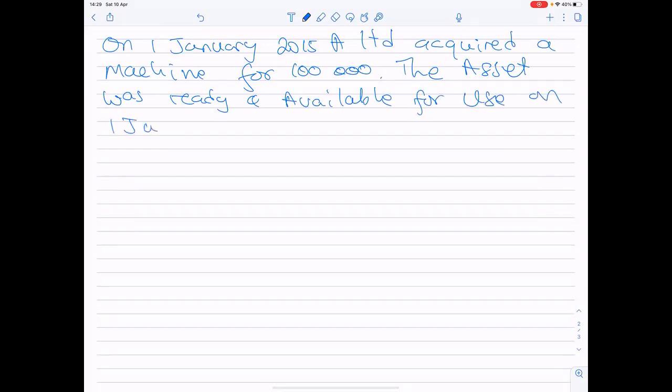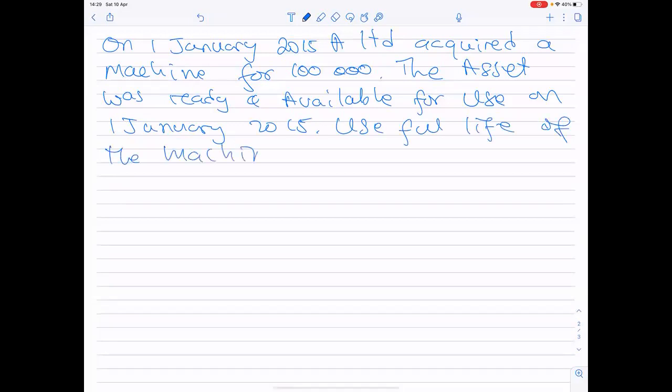1 January 2015. Useful life of the machine is 10 years. Residual value is equal to 10,000.